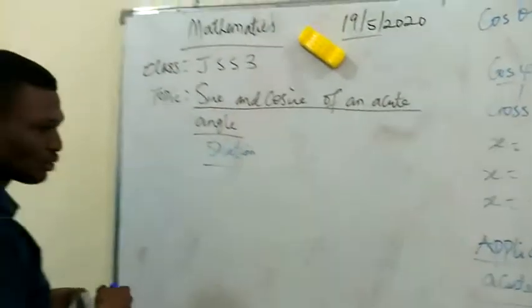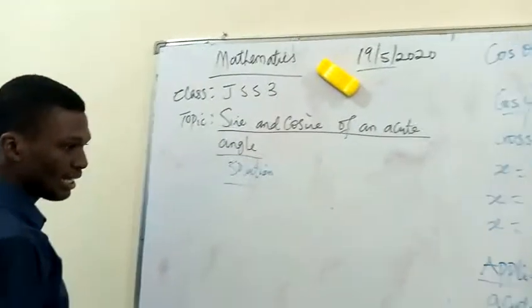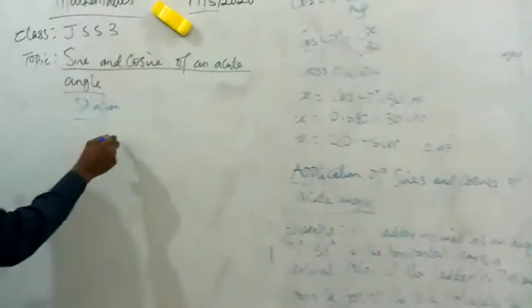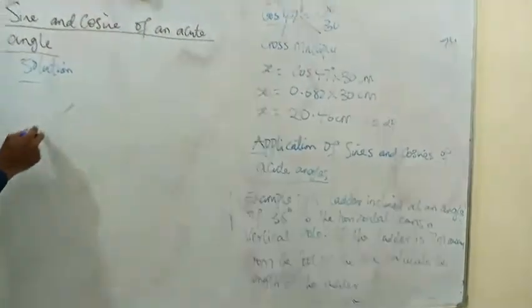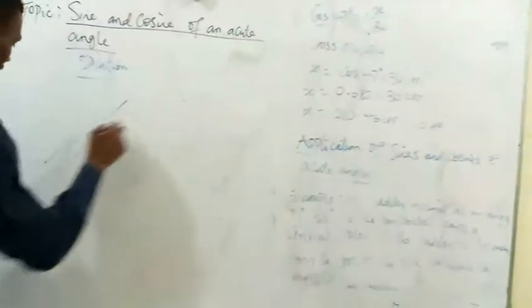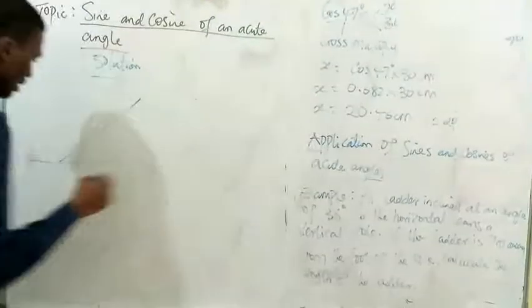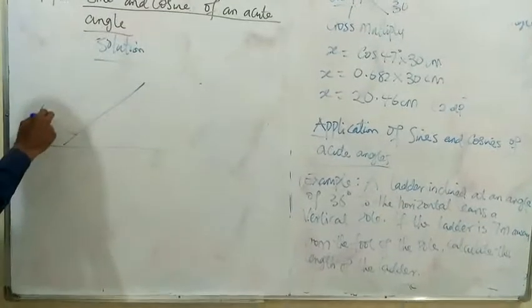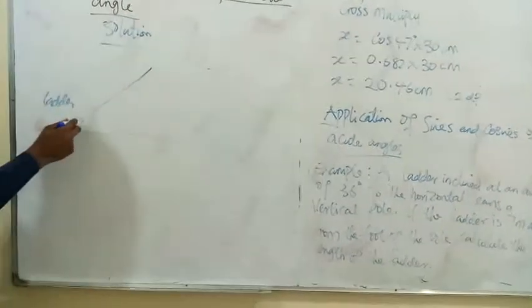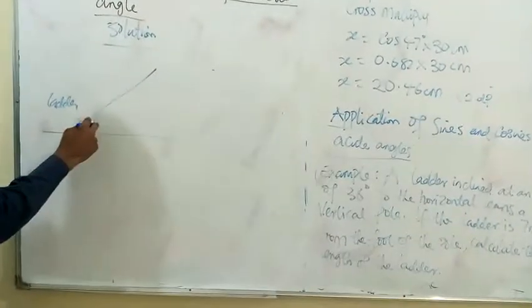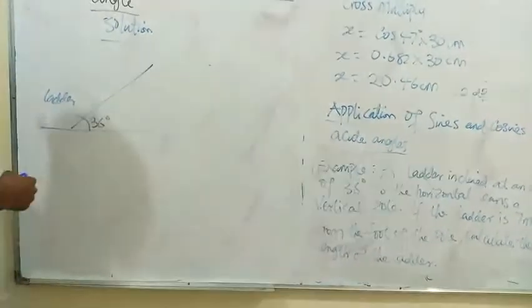We are told that the ladder leans on the vertical pole, inclined at an angle of 36 degrees to the horizontal. The horizontal is this side, and our ladder is inclined at 36 degrees to the horizontal ground. So this is our 36 degrees.